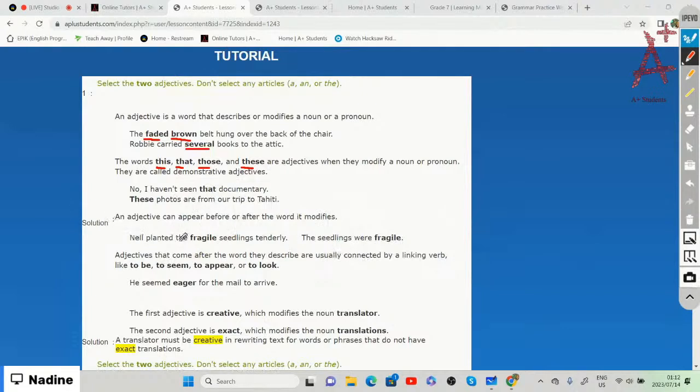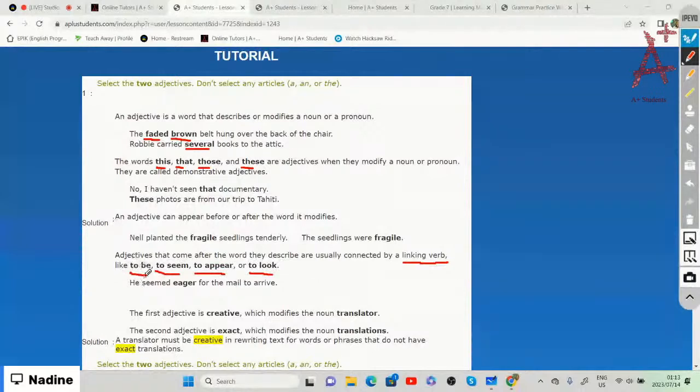Then we also have adjectives that come after the word they describe, and they are usually connected by a linking verb, right? The linking verb can be like to be, or it can be to seem, to appear, or to look.